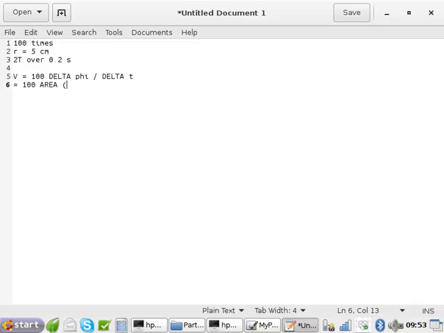So here it'll be 2 minus 0 over 0.2. And what's the formula for area? 0.06. 100 pi r squared. So it's 100 times pi times r squared times 2 over 0.2, which is 10. So what's this, please? That's the answer. 1.57 volts.